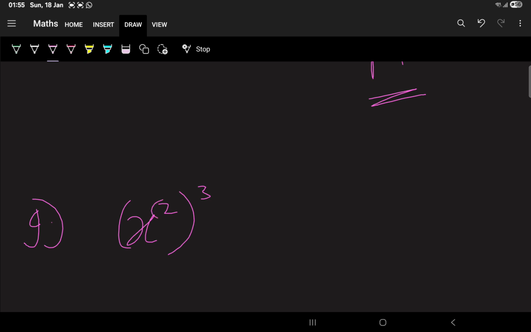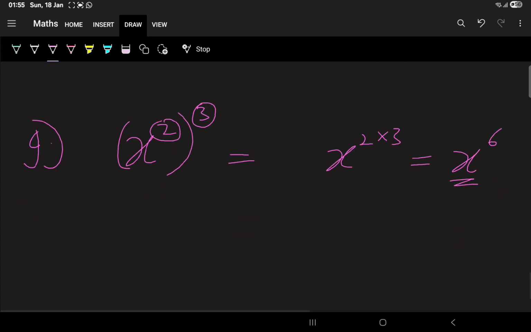This is one index and here's another. So this is a product of indices. Now from rule number 3, this is going to be x raised to the power of 2 times 3, which is going to be x raised to the power of 6. This is our answer.